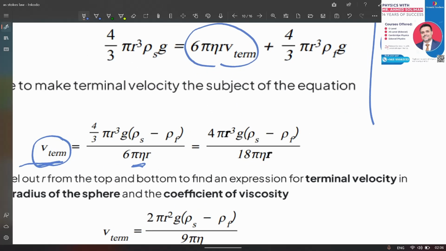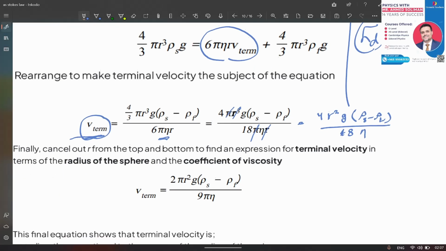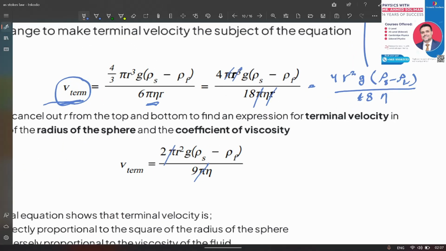After that, we can cancel r with r cubed, and also cancel pi. So it will be 4 r squared g, rho s minus rho l, over 18 eta. You can also simplify it and write it as 2 over 9 r squared g, rho s minus rho l, over eta.